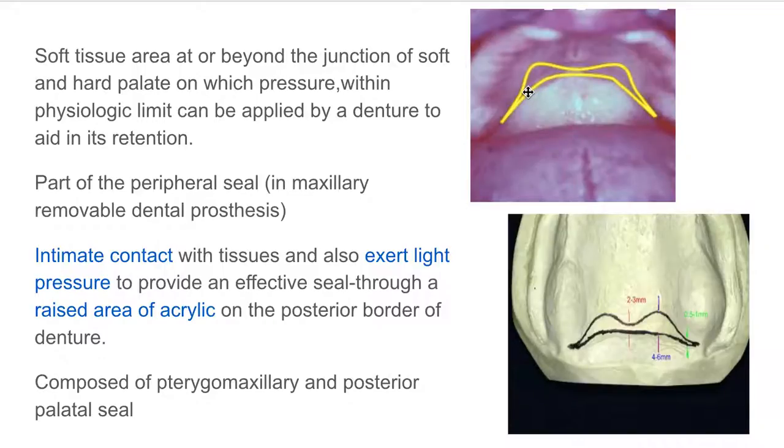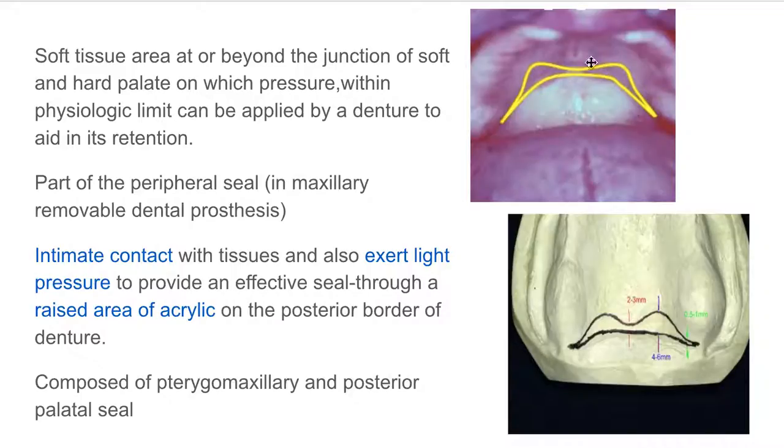Now, when you think of it, apart from the PPS, all the other areas of the denture have an overlying draping of tissues over the buccal and the lingual borders, which provides an effective seal in these regions. However, in the posterior border of the maxillary denture, there is no such aid. So, here we require a different kind of seal.